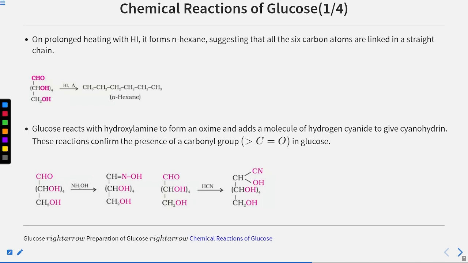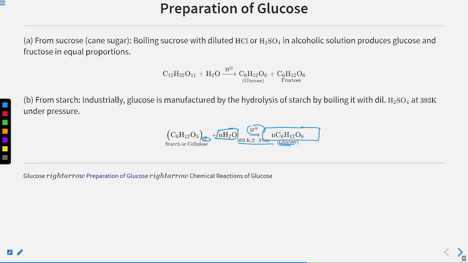So from the exam point of view, you should try to memorize which type of products a carbohydrate gives on hydrolysis. Clear? So this was about hydrolysis of sucrose and hydrolysis of starch and cellulose.